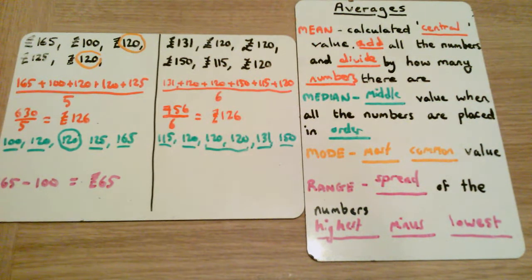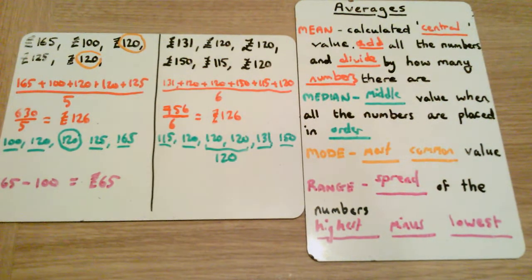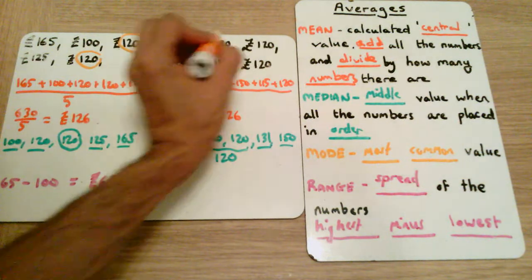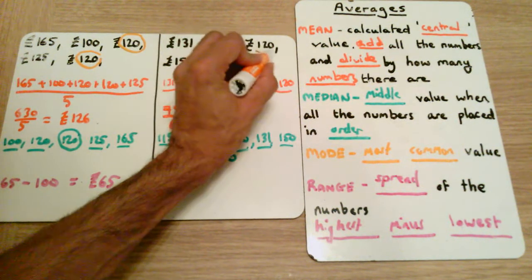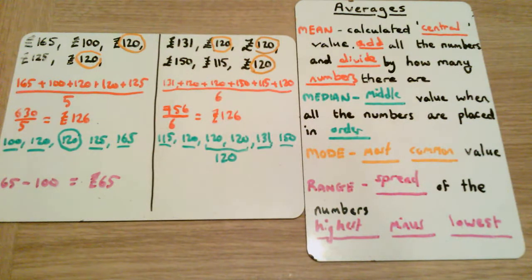Well, actually, the number between 120 and 120 is just 120. The median is 120. So we now need the most common. Well, if we look at the most common, we can see again that it's 120, 120, and 120. The mode is also 120.